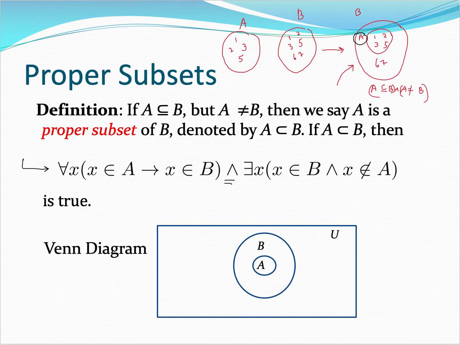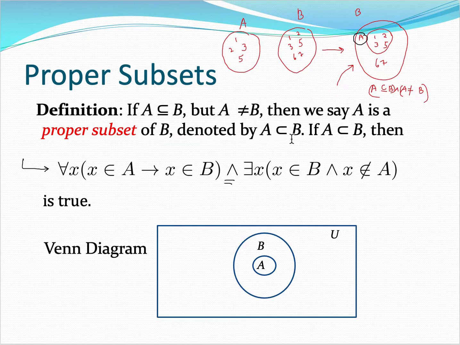Alright, then let's have a look at what a proper subset is. If A is a subset of B, but A is not equal to B, then we say that A is a proper subset of B, denoted with this symbol.